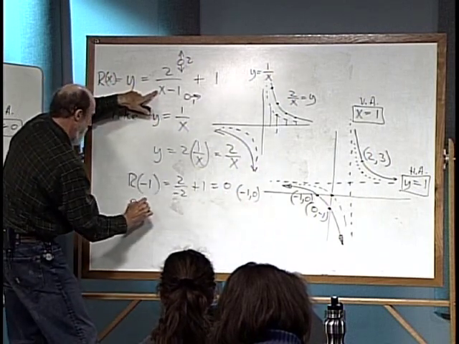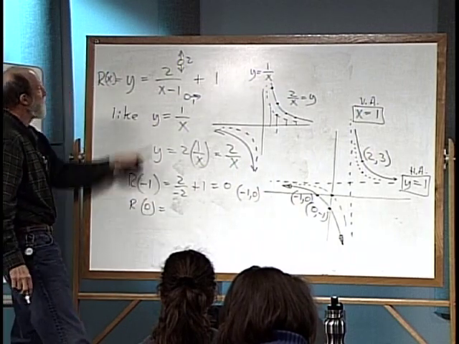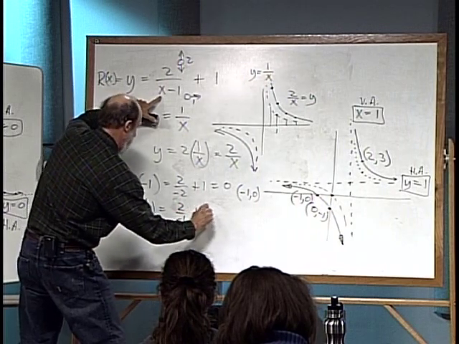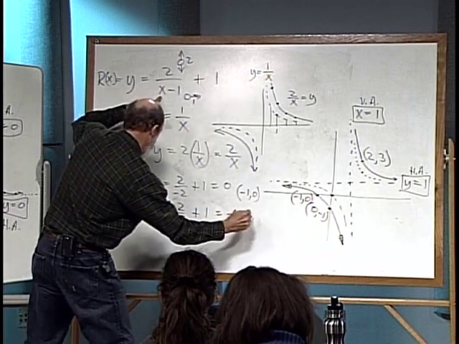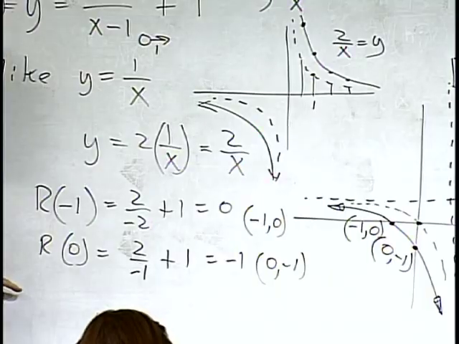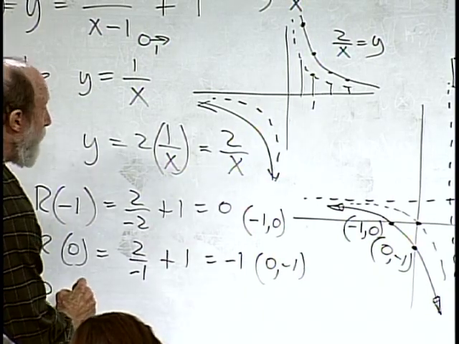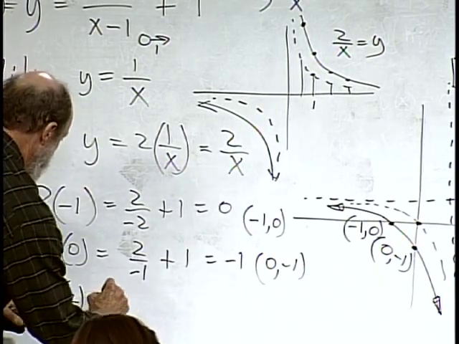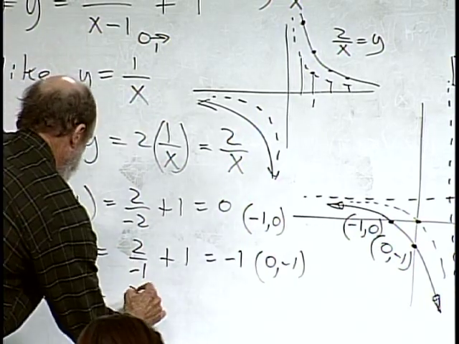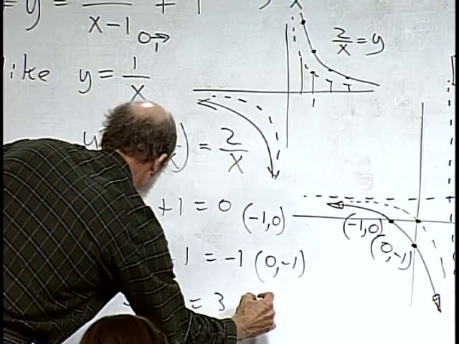I try putting a y-intercept, x equals 0 in. I get 2 over -1 plus 1 is -1. So I get 0, -1. And another point to check is out at 2. And I drop a 2 in, and I get 2 over 1 plus 1 is 3.